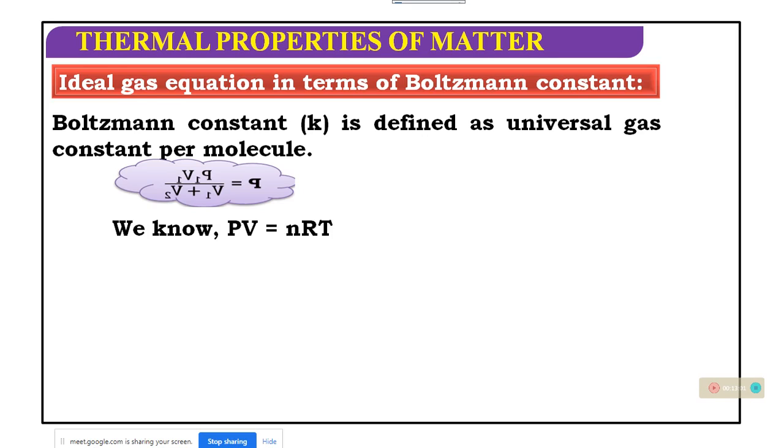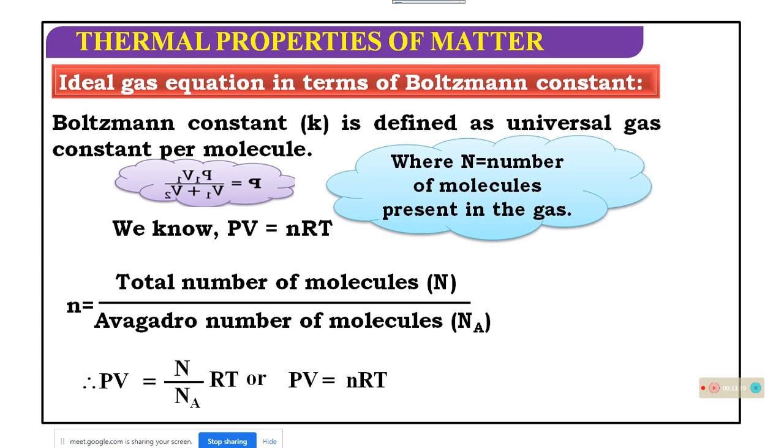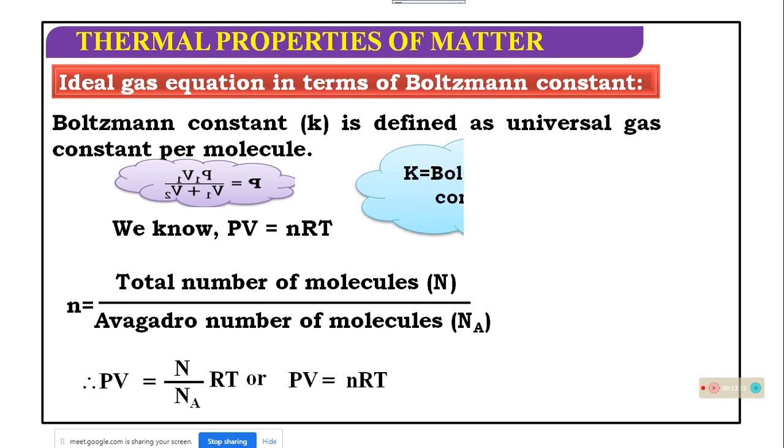N is the number of molecules, and k is the Boltzmann constant. So n equals total number of molecules N by Avogadro number, then we can find out the moles. PV equals N by Na into RT, where N is the number of molecules present in the gas and k is the Boltzmann constant.